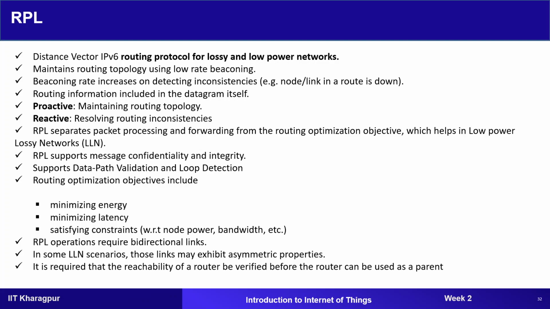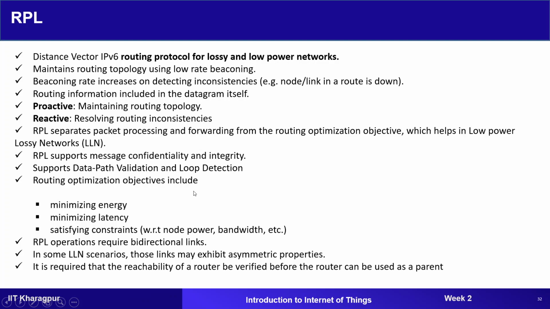Basically, the node which wants to know the path for sending data will generate an acyclic graph, and further utilize that acyclic graph in order to send the data.